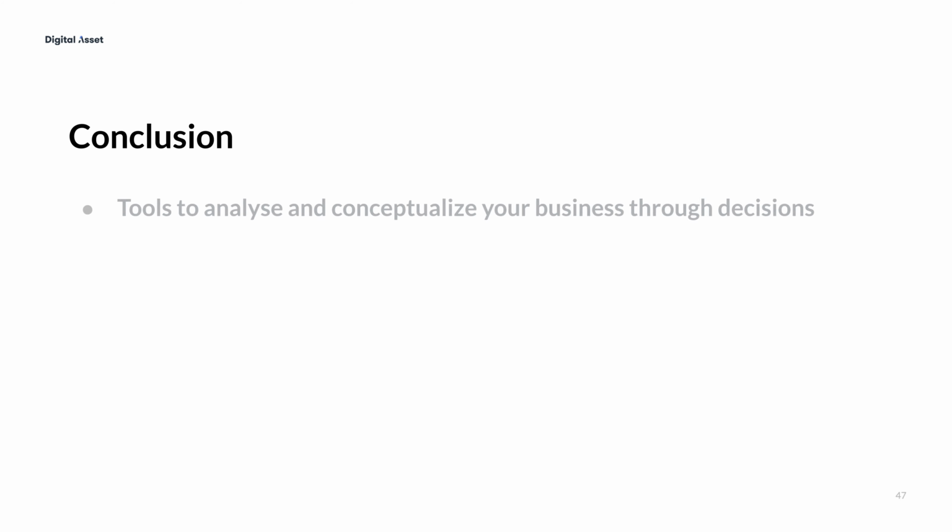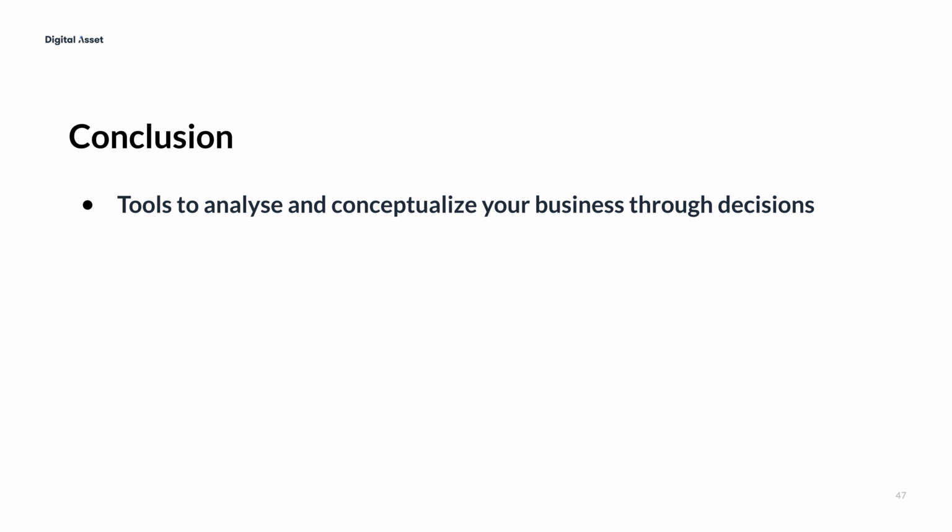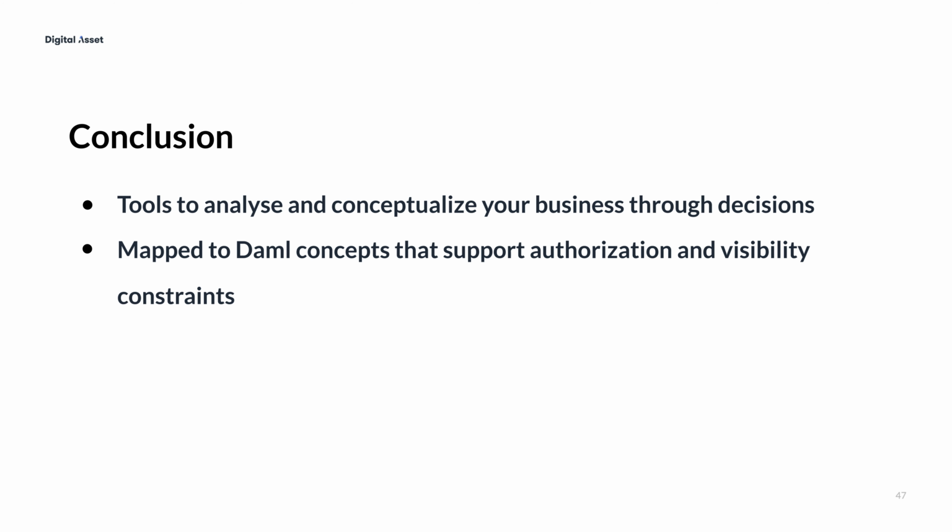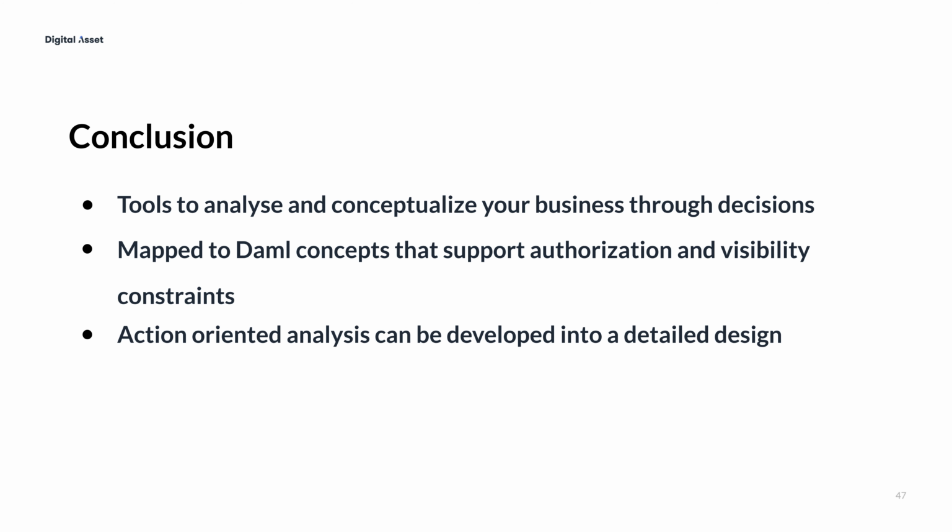Over this course, we have taken a journey that has started with the tools to analyze and conceptualize your business through the lens of the decisions that drive value. This analysis was then mapped onto first-class Daml concepts that directly support the authorization and visibility constraints that arise where your workflows cross trust boundaries. We then showed how an action-oriented analysis can be developed into a detailed design that seamlessly transitions from analysis through design and into implementation.